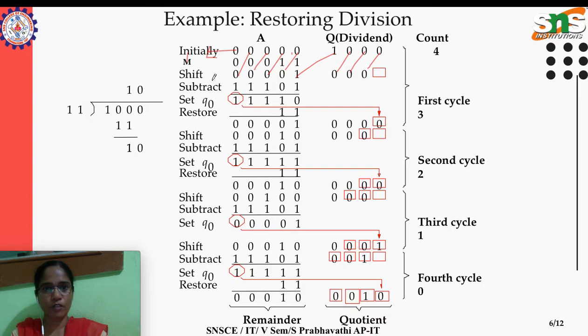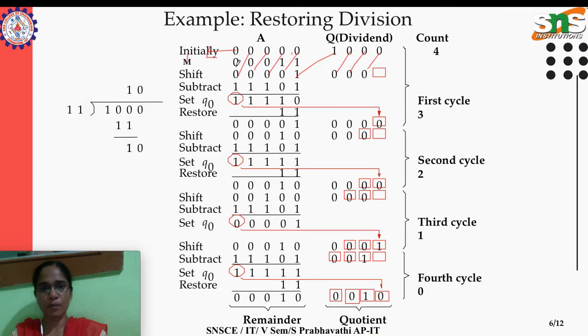Then immediately after shifting left AQ, we will subtract. Here the A register is this one currently, and you need to subtract M. Subtraction means take the 2's complement of M and add.